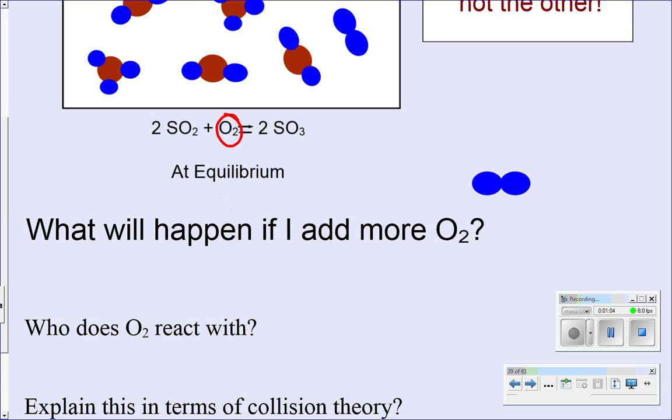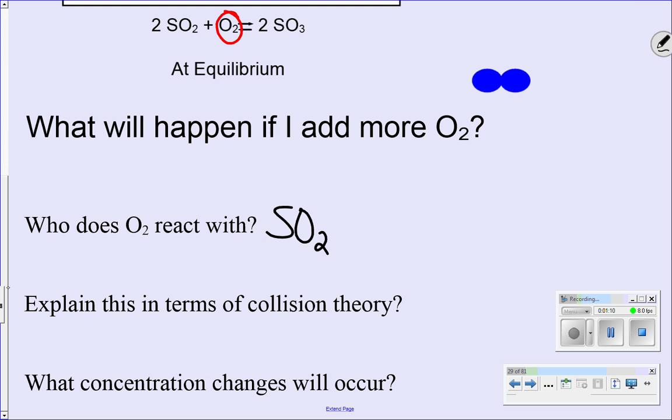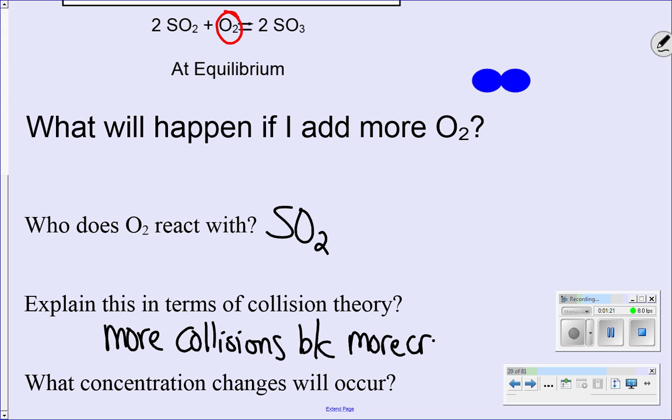So we have to keep in mind, if I add more O2, O2 is going to react with SO2. What this means in terms of collision theory is O2 is more likely to react with SO2. So this reaction is more likely to occur.